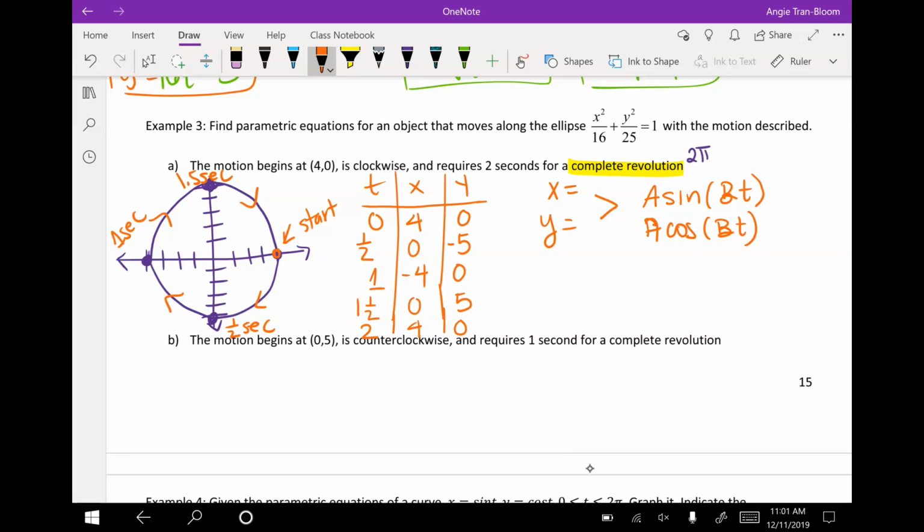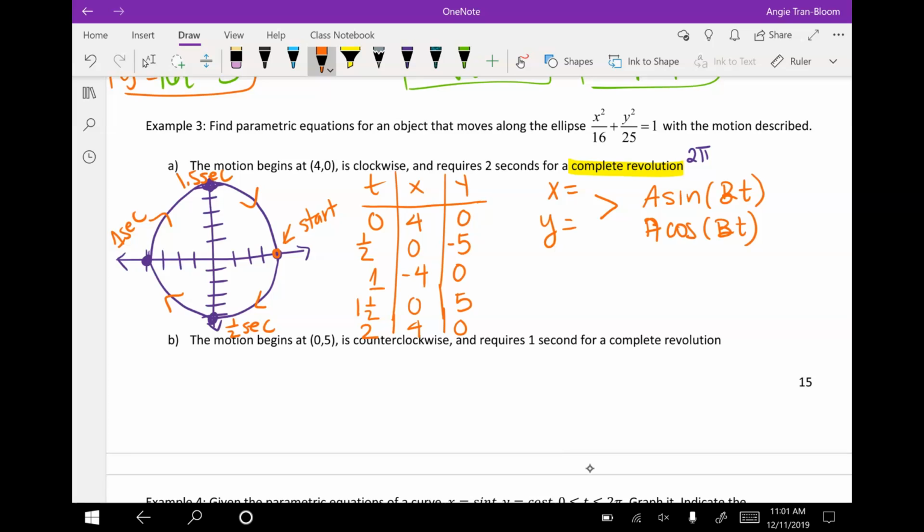So when time is 0, I would like my x to have a value of 4 based on this. Which one of these will give us an x output when I plug in 0 for time? Sine or cosine? Cosine.